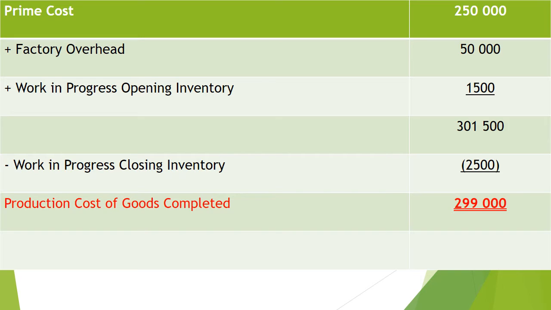This is all equal to 301,500, and less work in progress closing inventory, that is 2,500, and we will find the production cost of goods completed, that is $299,000.